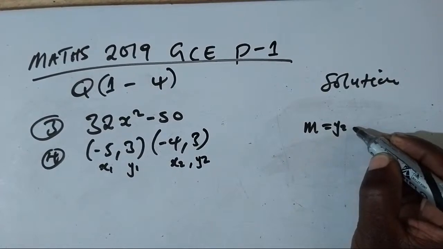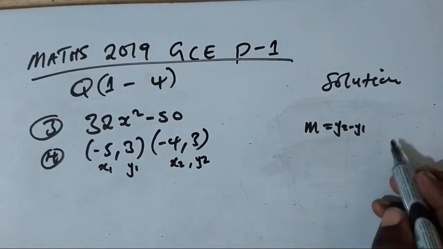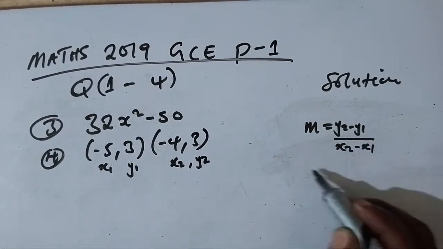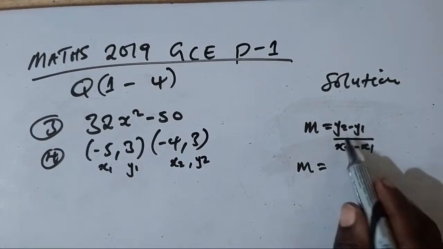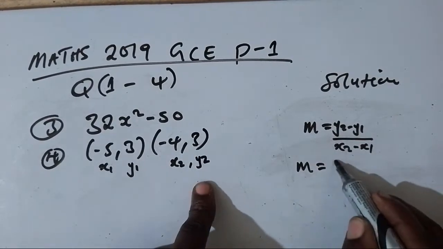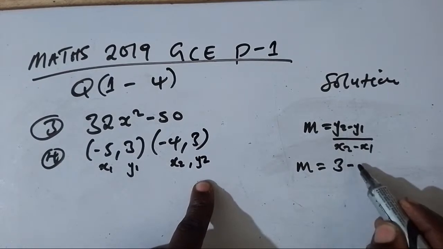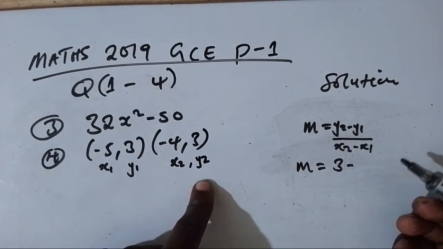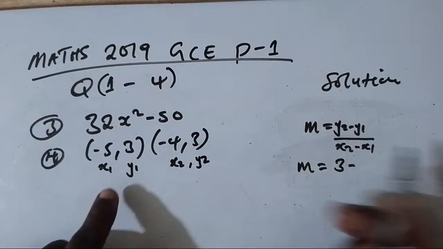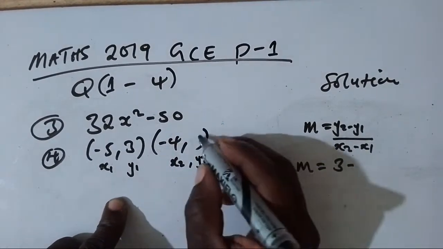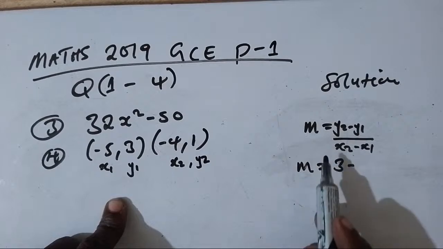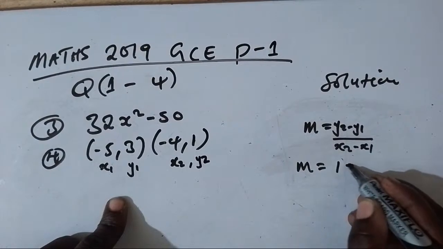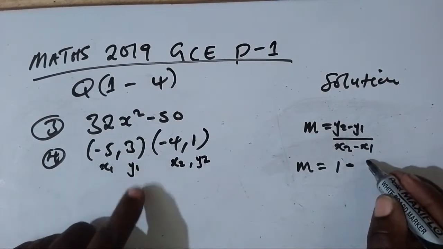y2 minus y1, then divided by x2 minus x1. So the gradient will be equal to y2, we have 3, oh, I made a mistake, there was a 1, it is 1 here, so y2 is 1, then minus y1 we have 3.